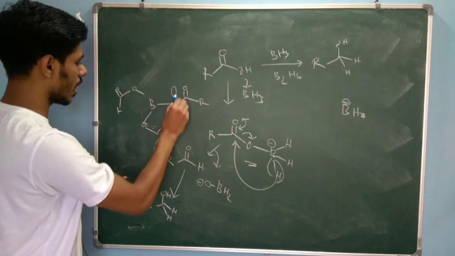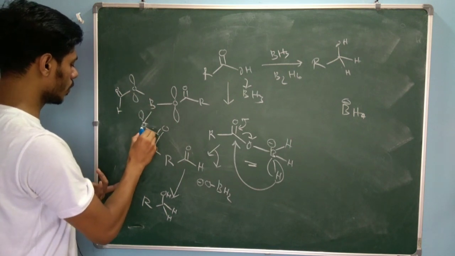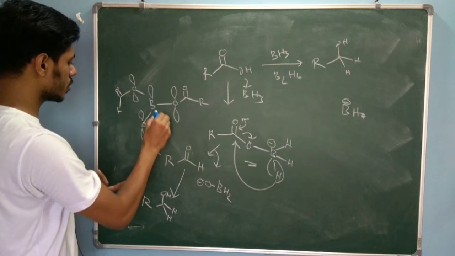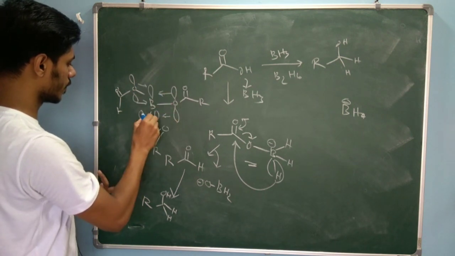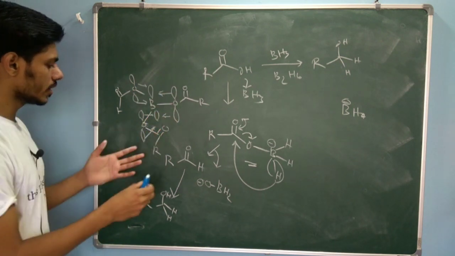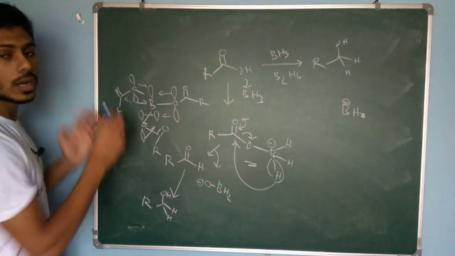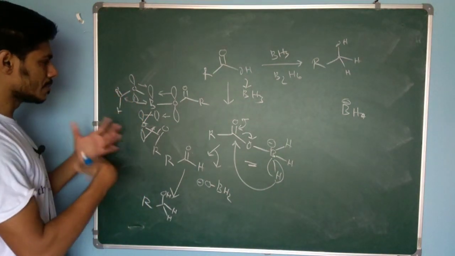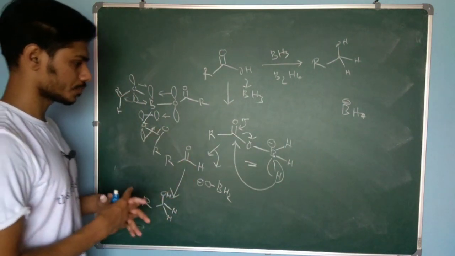Why? Because you can see now this oxygen which are having lone pair, they can push their lone pair to the empty orbital on boron, right? So that's why by doing that they are not pushing their electron to the carbonyl group, and this makes these compounds more reactive, right? So this is the thing.